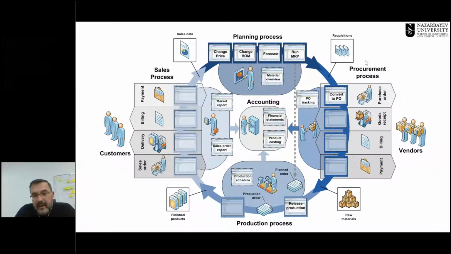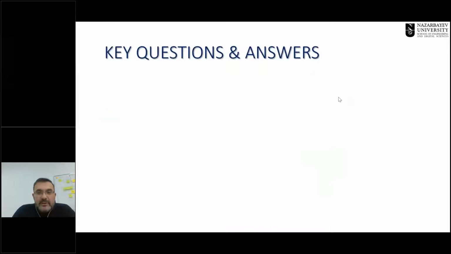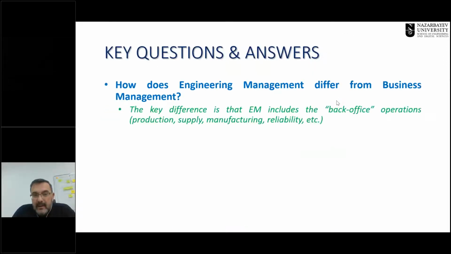It is the end-to-end back office to front office realm of operations. So if you are interested in how to transform raw materials into products that we use every day, engineering management is the discipline. Okay? So here is the answer.